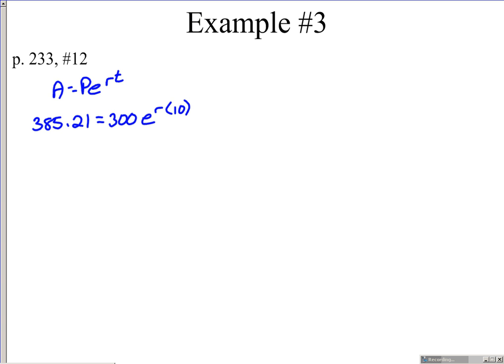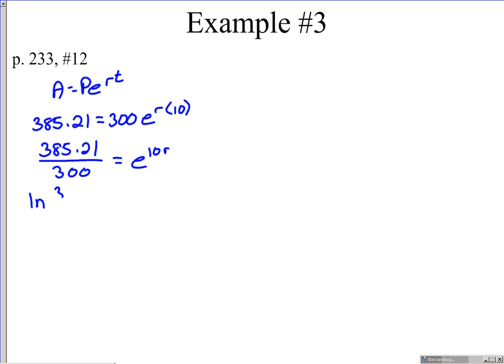So now from here, we're going to go ahead and isolate the exponential. So I have 385.21 over 300 equals e to the 10r.